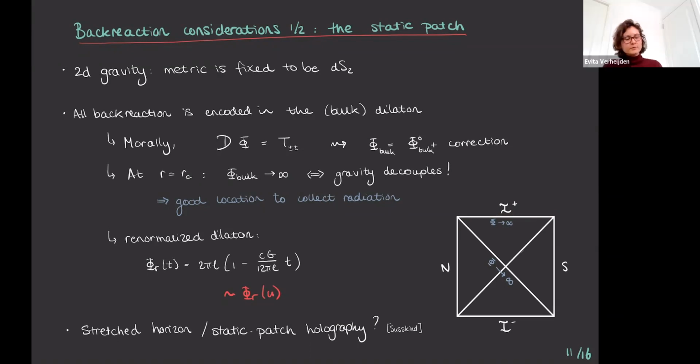Well, JT gravity is defined within the bulk. And what we're doing is looking at this dilaton solution in the bulk. And we see that also at the cosmological horizon, it shows this divergent behavior, which we then interpret as another weakly coupled region, where we can also identify a renormalized dilaton.